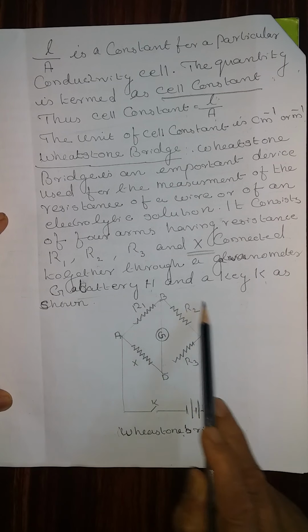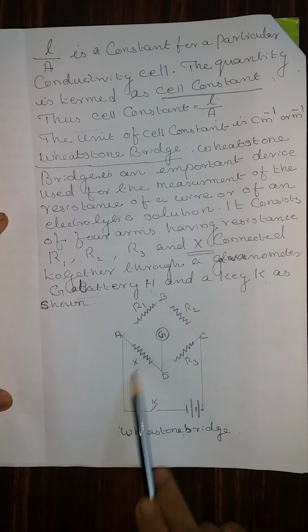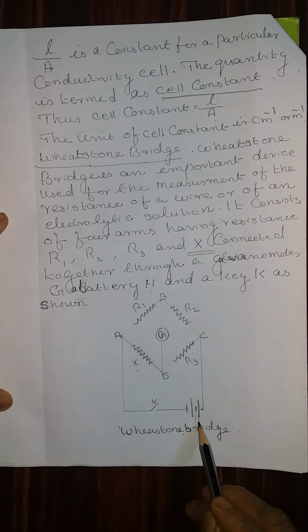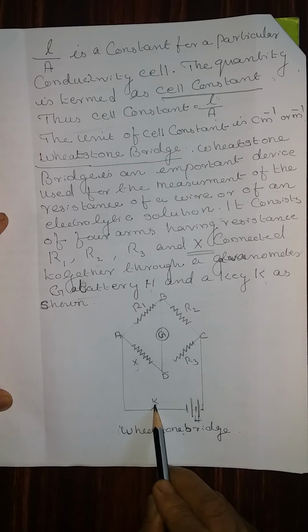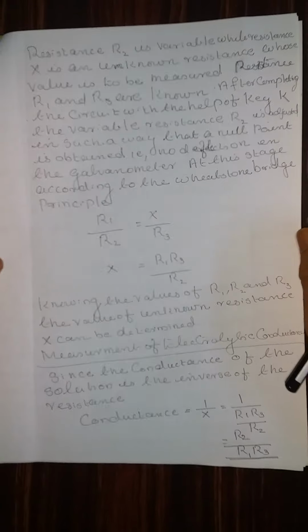These are the four resistances R1, R2, R3 and the unknown, a galvanometer, a battery H and a key K. That is the Wheatstone's bridge arrangement or the connection.